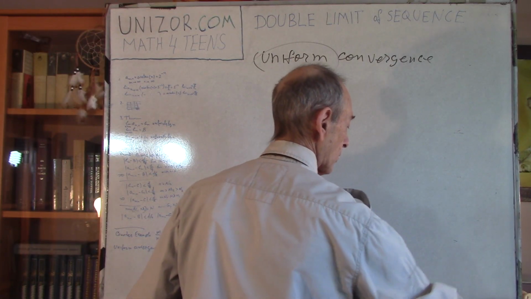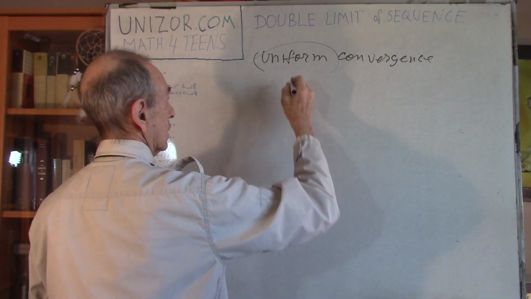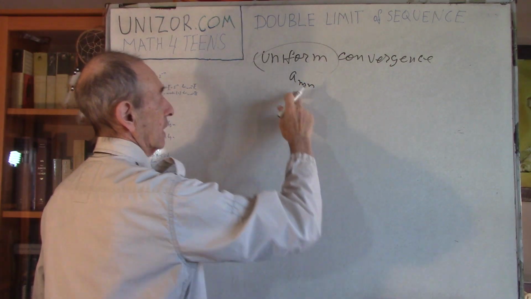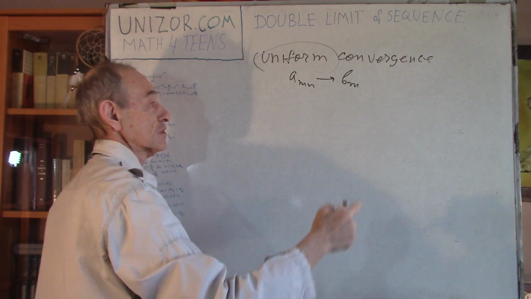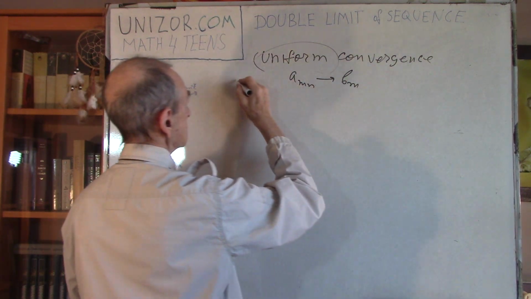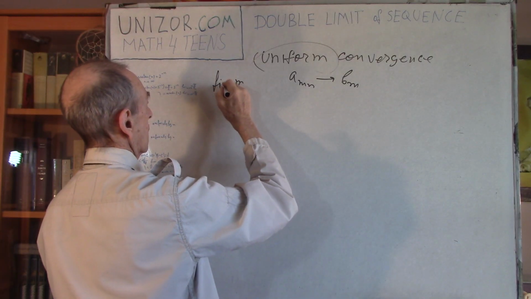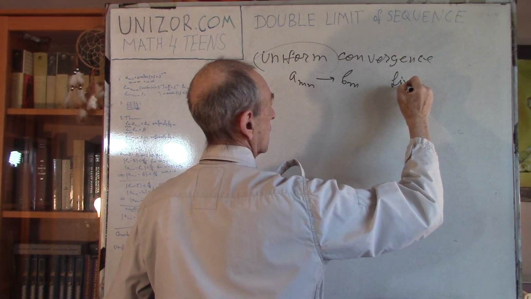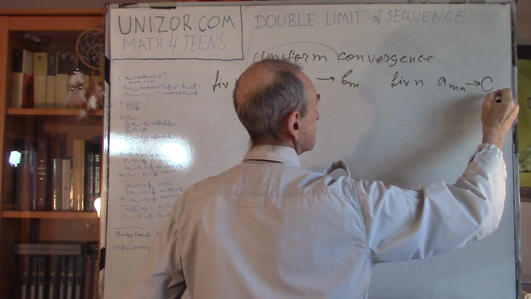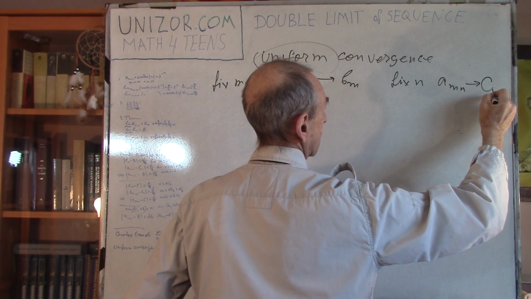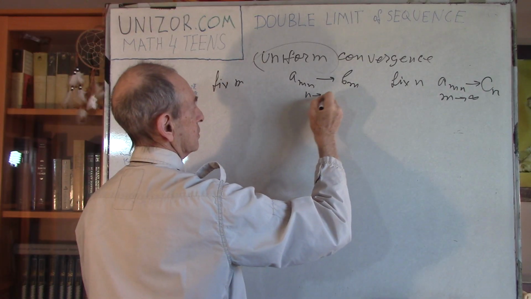Because obviously we can talk about each index separately. We fix m in a_m and change only n, and then it will go to b_m. Or we can fix n, and a_mn would be going to some kind of c_n, fix n, as m goes to infinity.